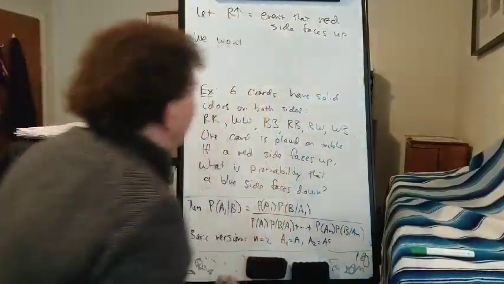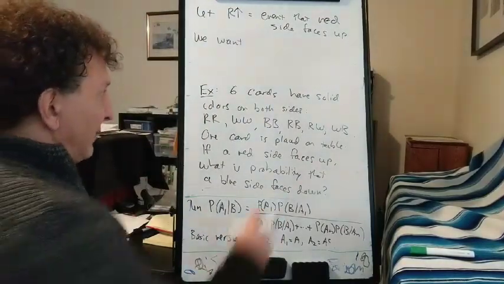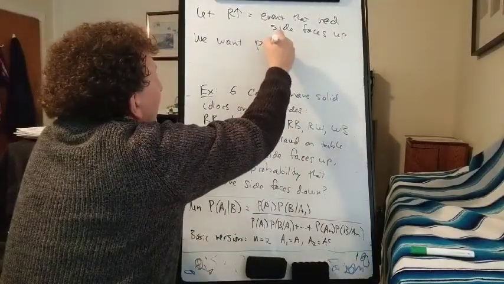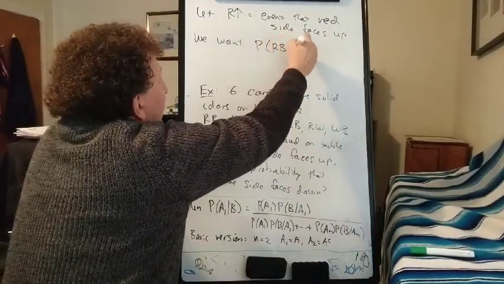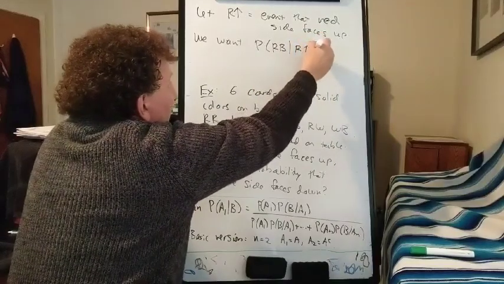So in terms of this notation, we want the probability of having the red-blue card given that a red side is facing up.